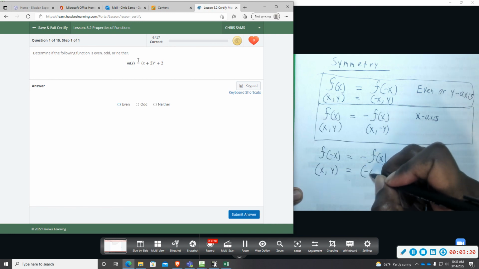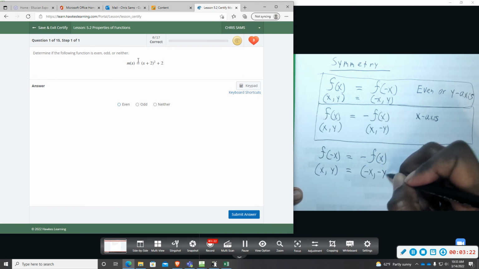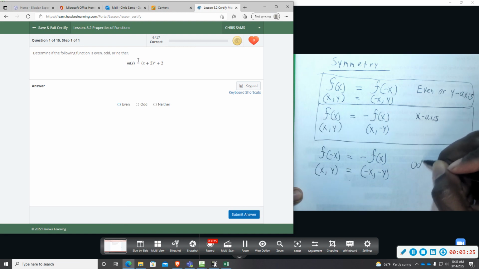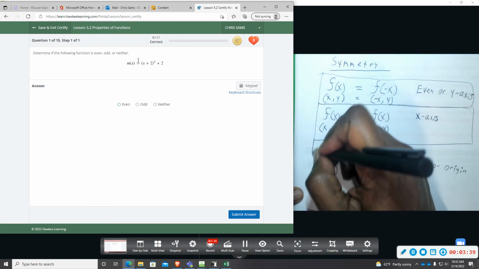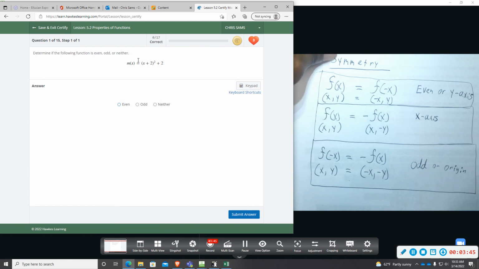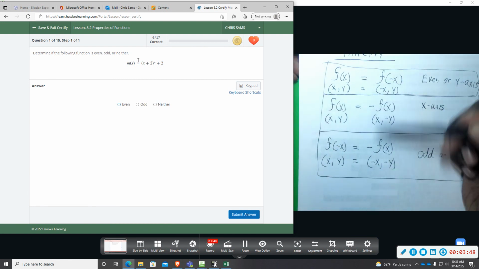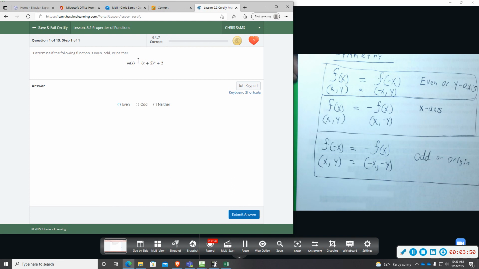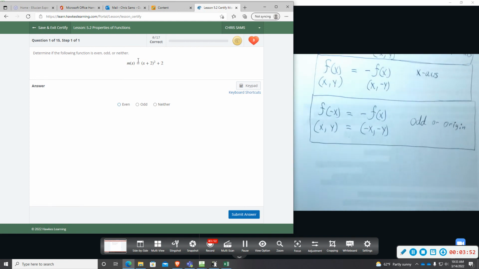And if that is on the graph, then we say it is odd, or we say origin symmetry. Now, this also needs interpretation, so I'm going to show you how to work this out. Okay, and I'm going to show you how to look at the equations and be able to tell.